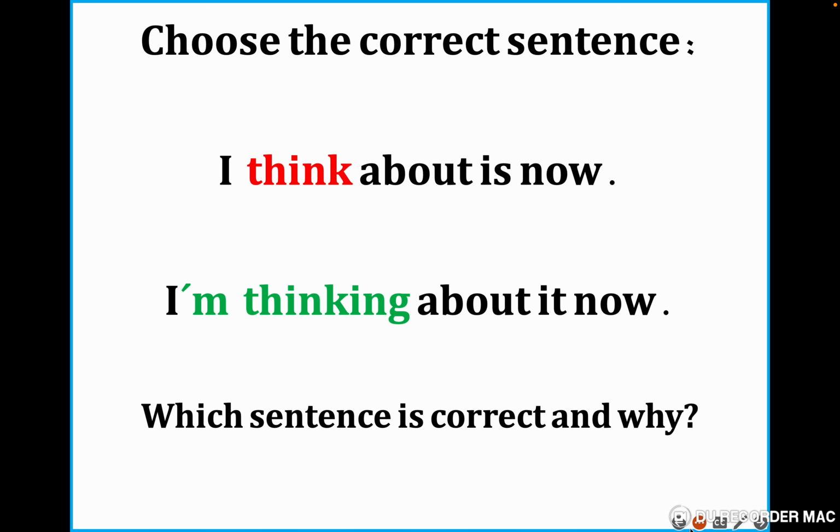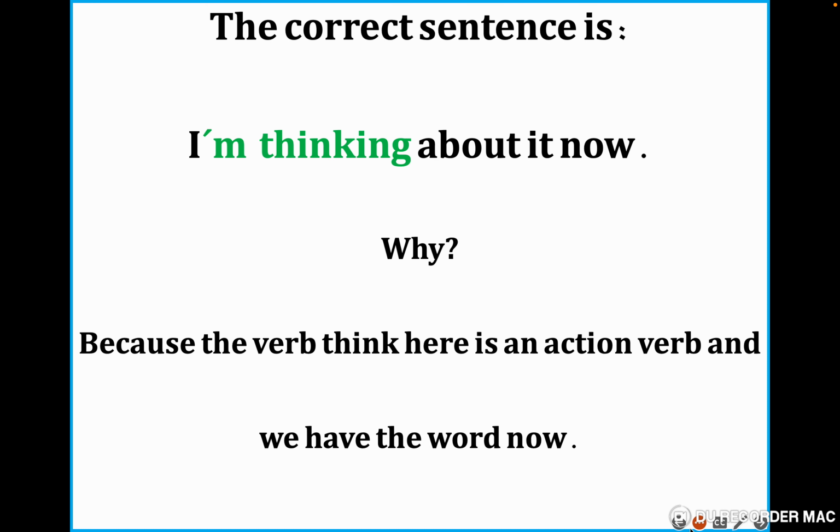It's an action verb. So the correct sentence is I am thinking about it now. Why? Because the verb think here is an action verb. And we have the word now. With the word now and an action verb, we use present continuous. Let's continue.